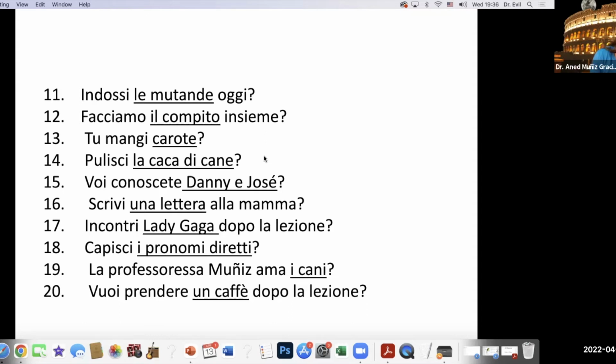Conoscete Dani e José. Is this masculine plural or feminine plural? Masculine plural, so li. Li conosciamo, or non li conosciamo. Again, we're just going by grammar, what we see here.